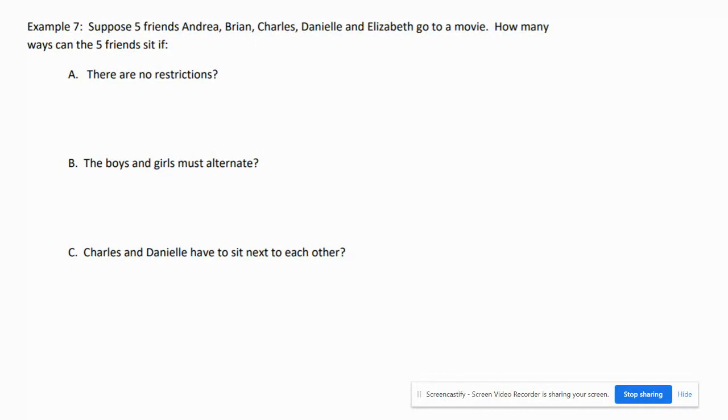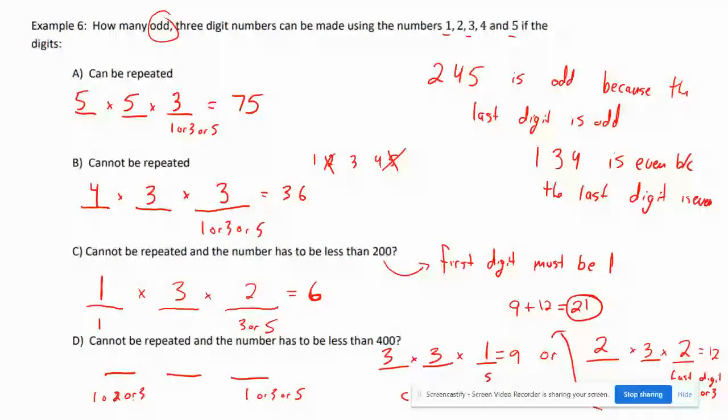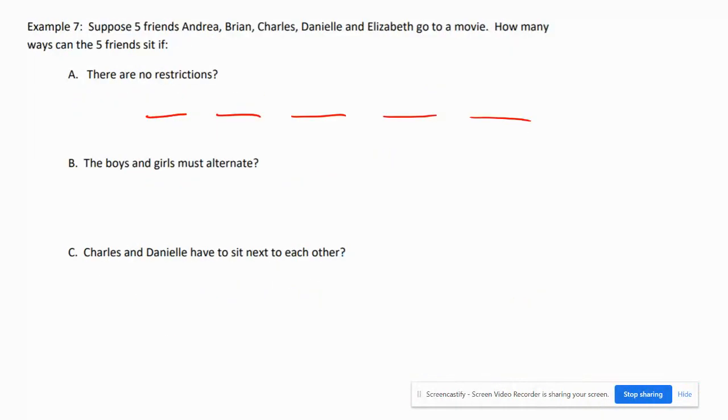So if there are no restrictions, we have here the 5 spaces where the friends could sit. In other words, we're figuring out how many orders we can arrange these people. Really, there's no restrictions. That means I could place any one of the 5 friends in spot number 1.